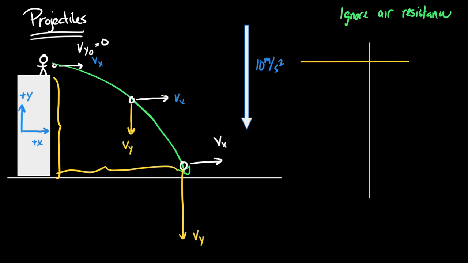So I would encourage you to consider how you might organize yourself best to deal with problems like this. For example, let's say that the guy is standing on a 10-meter tall rooftop. He throws the ball sideways at 5 meters per second. And we're interested in figuring out where the ball lands on the ground.